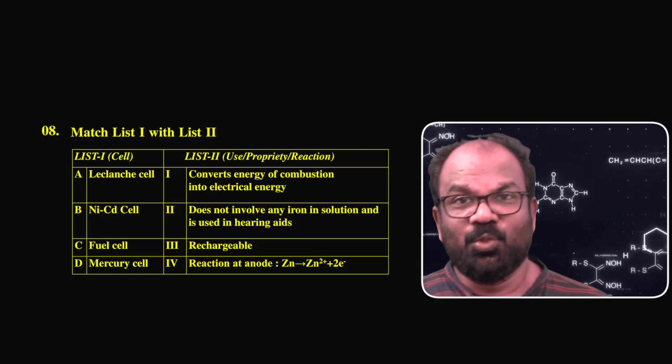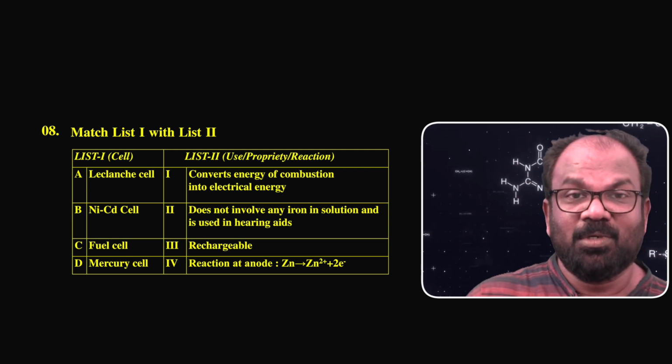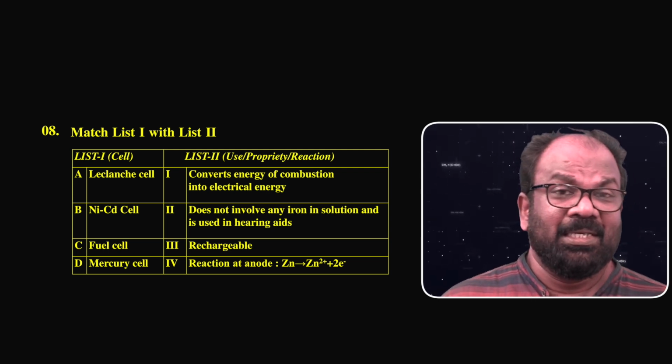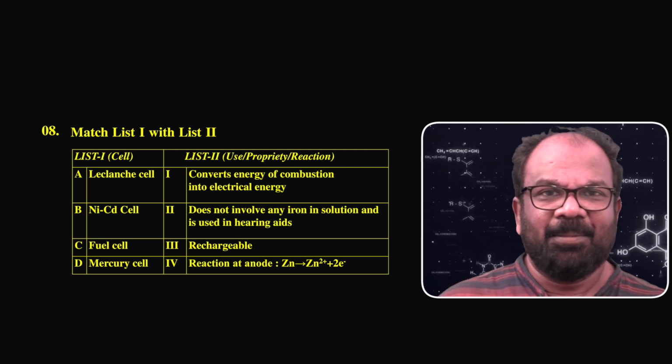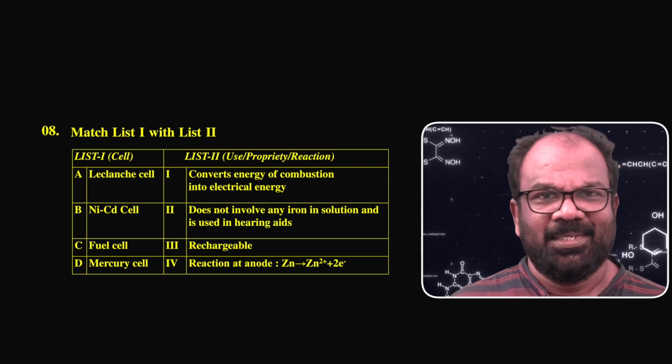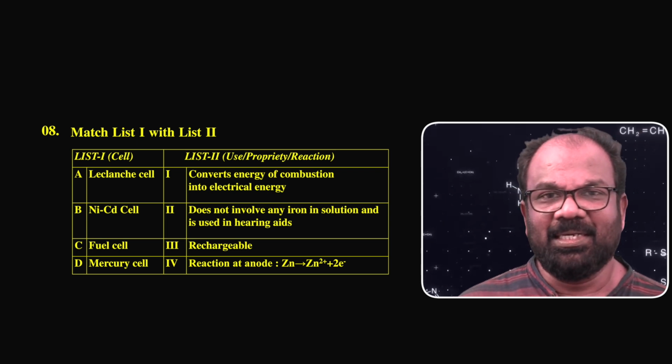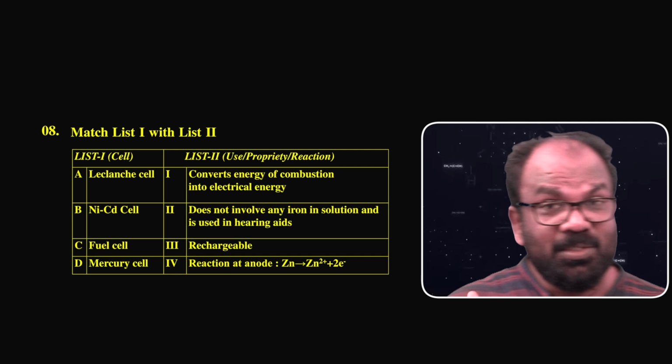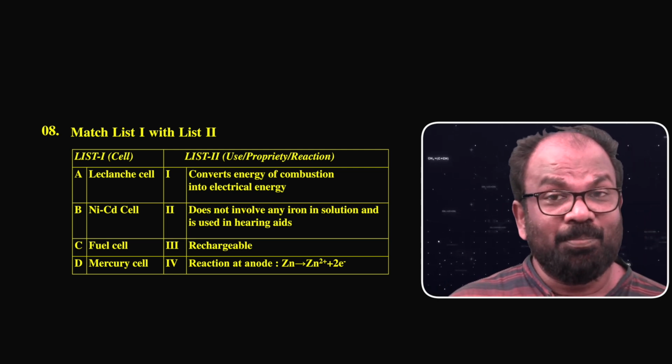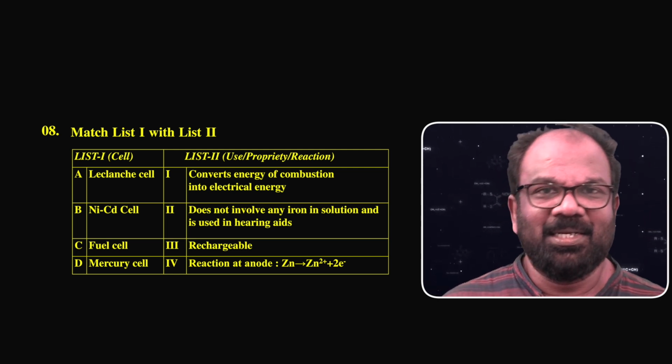Question number 8. Match list 1 with list 2. In list 1, some commercial cells are given. A. Leclanche cell, B. Nickel cadmium cell, C is fuel cell, and D. Mercury cell. In list 2, use, property or reaction of these cells are given.